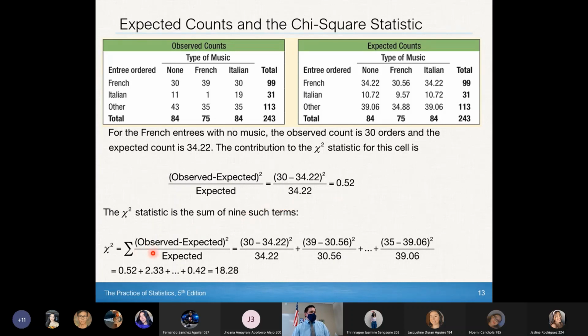So we have chi-squared equals the sum of the observed minus expected squared over expected, which is 30 minus 34.22 squared over 34.22, 39 minus 30.56 squared over 30.56, and so on. When you are showing how to do this type of calculation on the AP exam, for example, you do not need to show all 9 components.